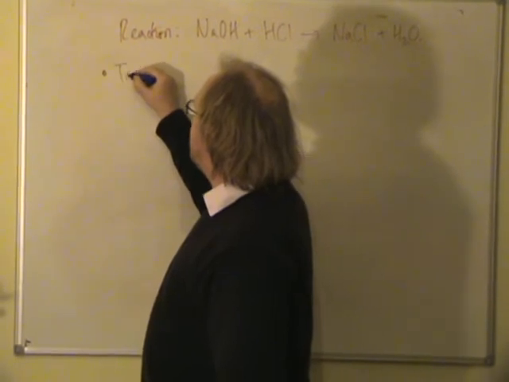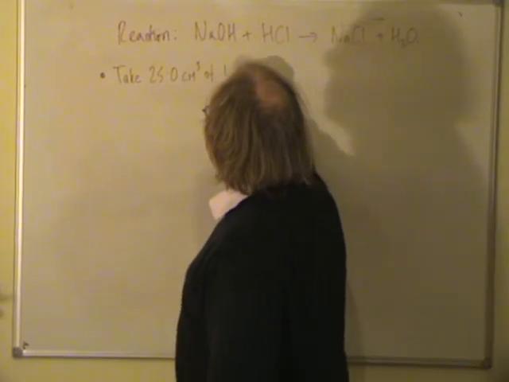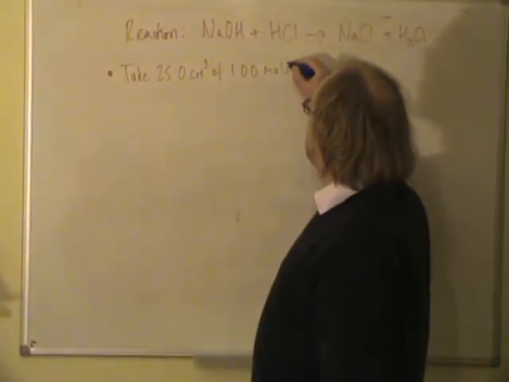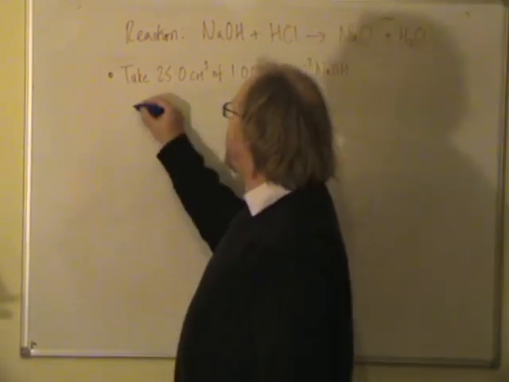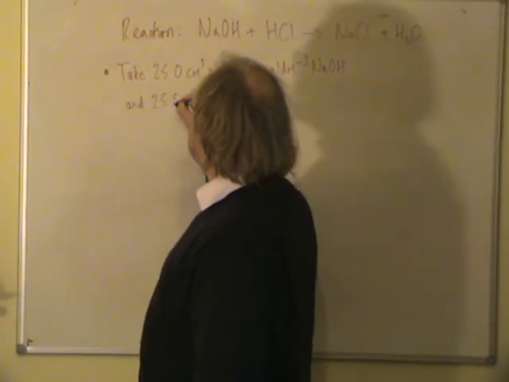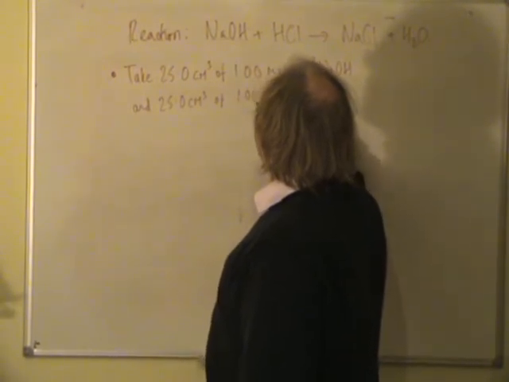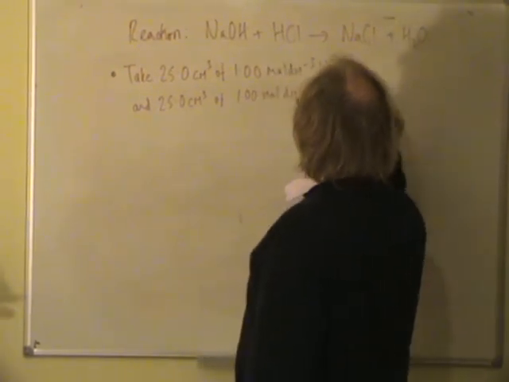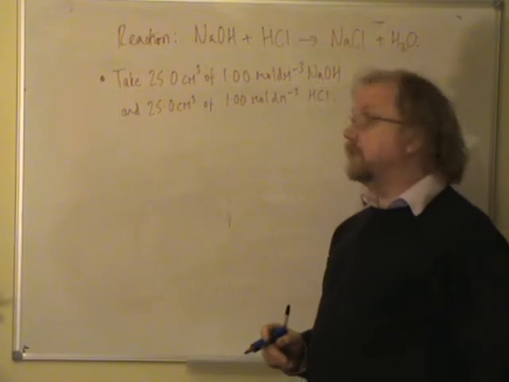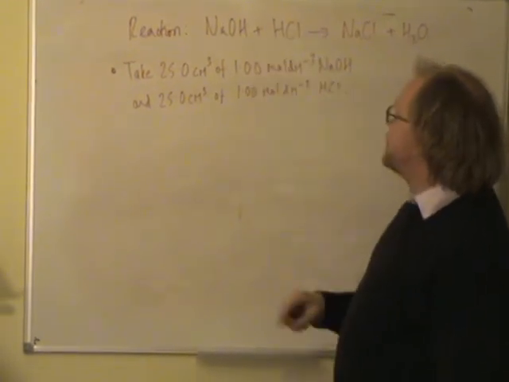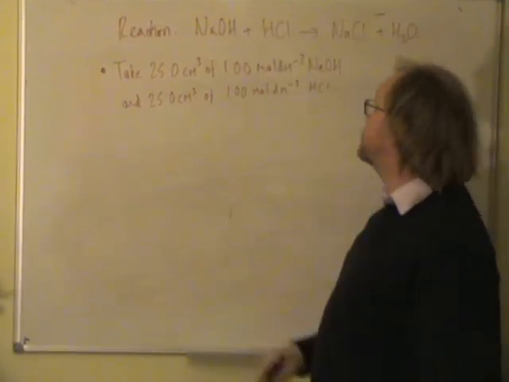Okay, so we'll say take 25.0 cm cubed of 1 mole per dm cubed sodium hydroxide and 25 cm cubed of 1 mole per dm cubed HCl. That would be an example, but obviously you could use different volumes, you could use different concentrations, but you've got to specify what you're going to use. And crucially, we're adding equal numbers of moles so that we don't have to worry about excesses.